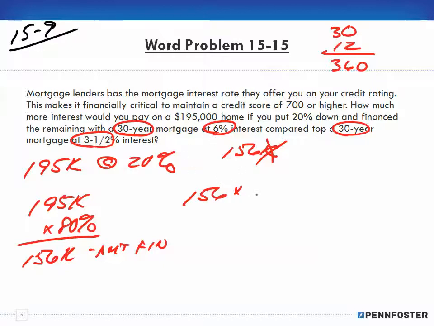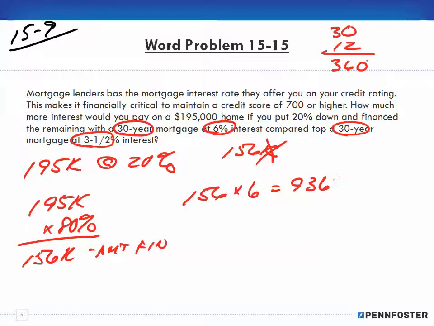But I have to find the monthly payment first. So when I look at the table and cross-reference 6% at 30 years, I get a factor of 6, which means my monthly payment ends up being $936 per month.